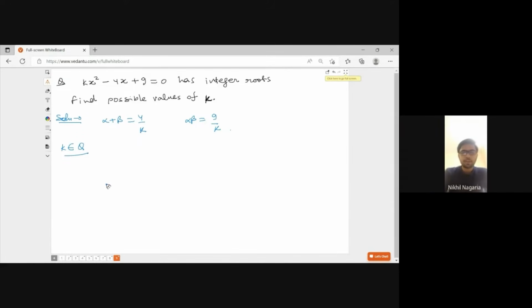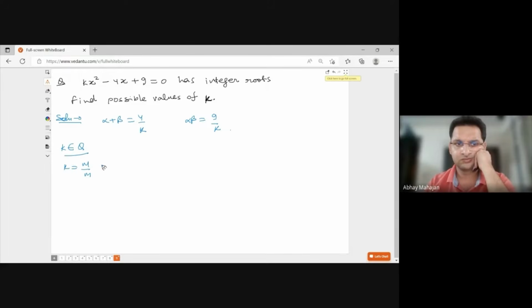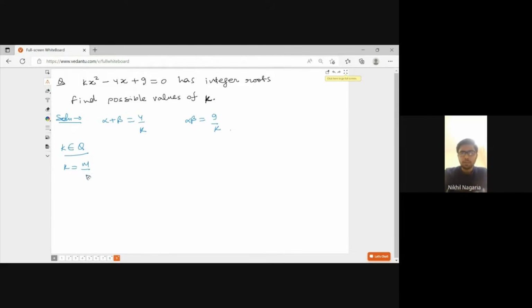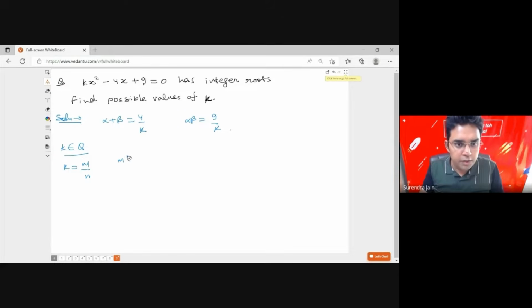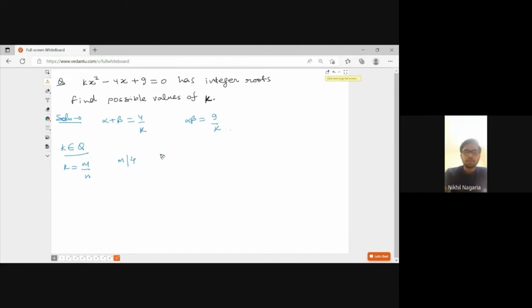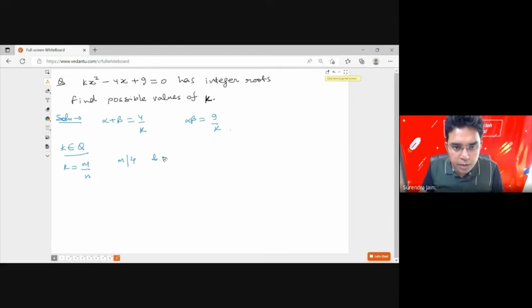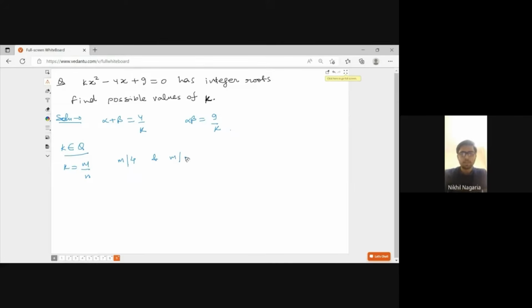Let k = m over n for coprime m and n. Then n divides 4 and n also divides 9. So m divides 4 and m divides 9, so m can only be 1 or -1.